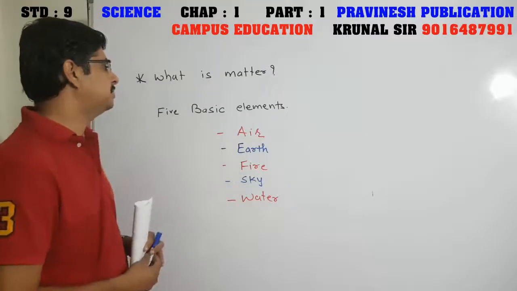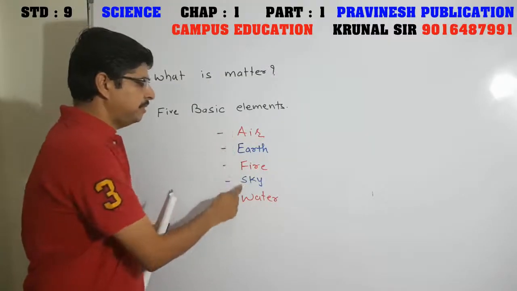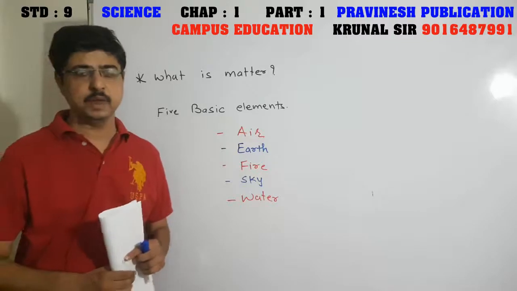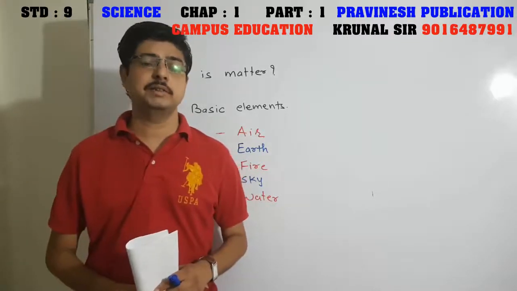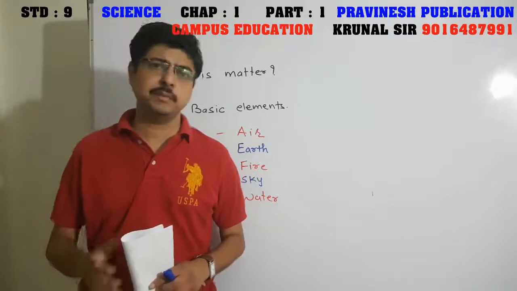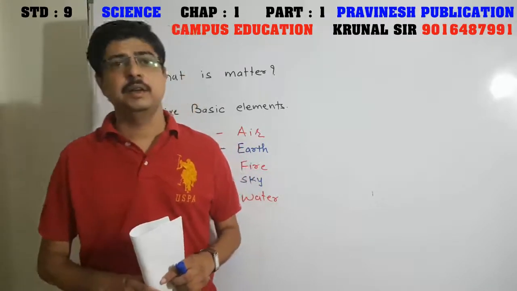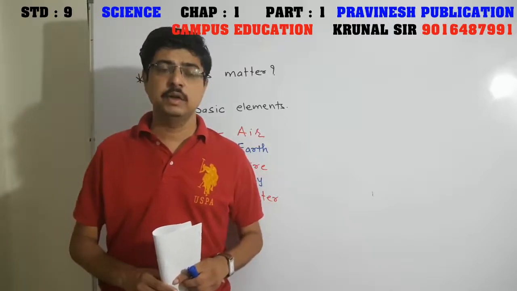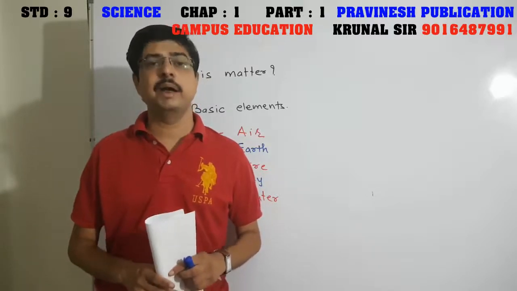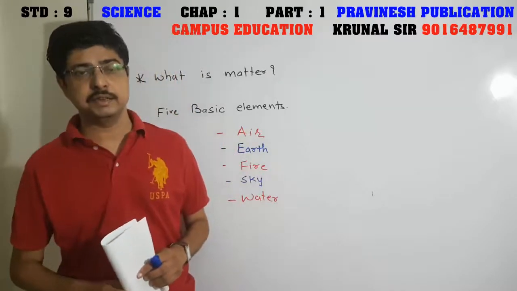So matter is made up of these 5 basic elements. Now there are different theories regarding how matter is made up. Some theories say that matter is in a continuous form, like a block. Another school of thought held that matter is made up of particles.